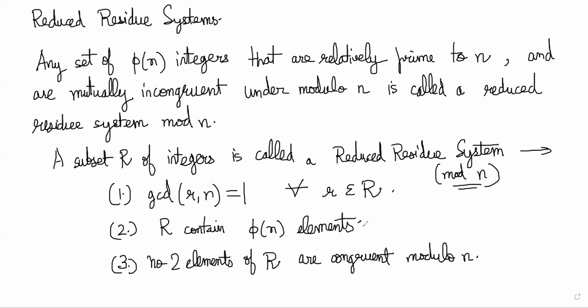So I will give you some examples. If you take a complete residue system, what was a complete residue system? Let's say we want to find the complete residue system mod 12. What does this mean? This means that when you divide by 12, what are the possible remainders that are allowed?